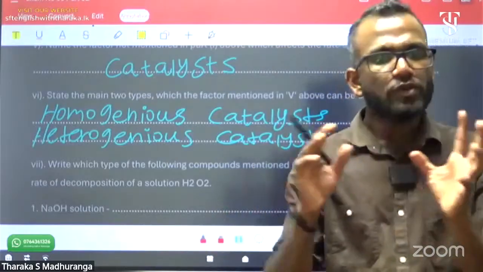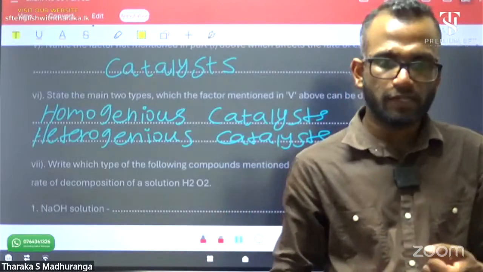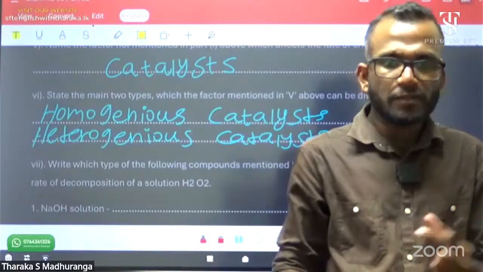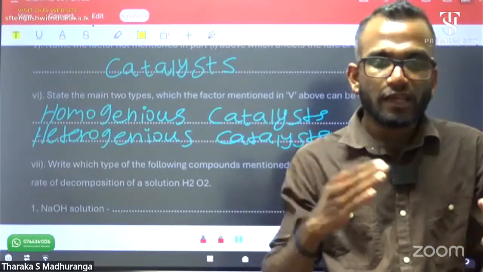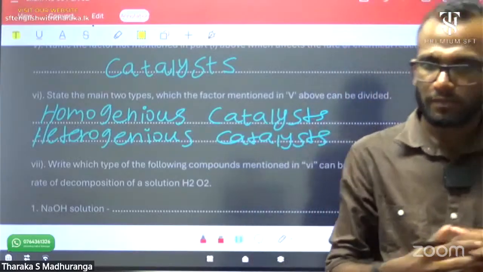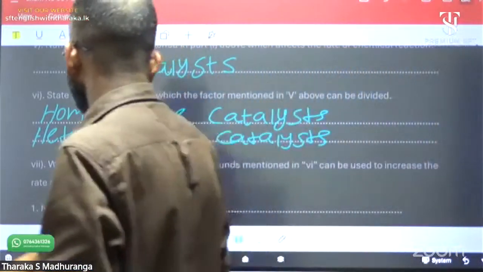Reactant and catalyst are both in the same physical state. Heterogeneous catalyst means reactant and catalyst are in different physical states.